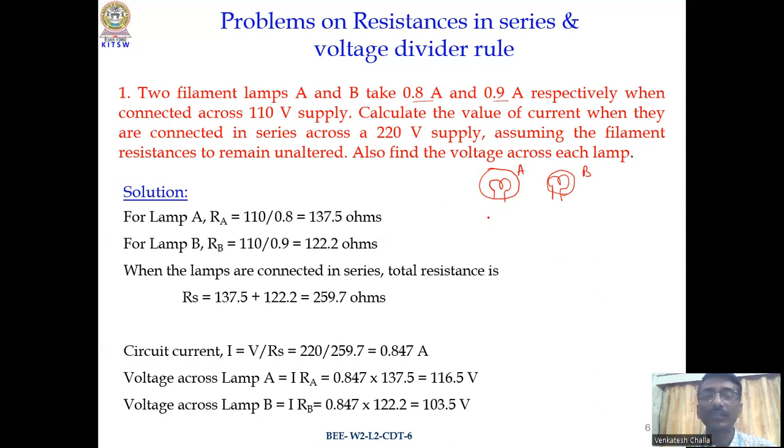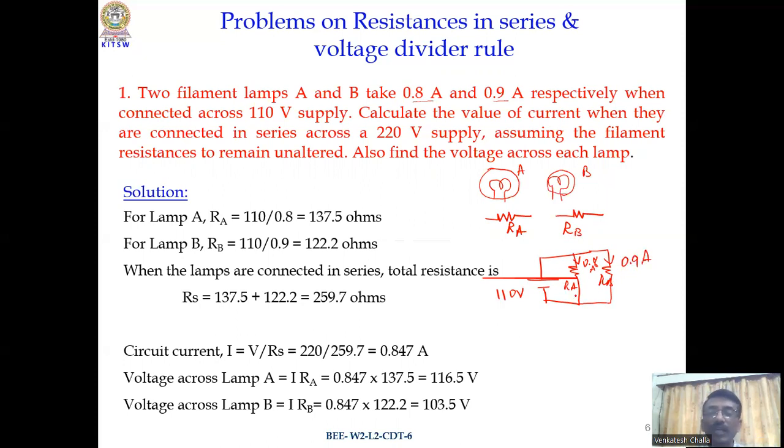The lamps can be represented as resistors, RA and RB. Assume there is a voltage of 110 volts, and if I connect these lamps to it, RA will take 0.8 amperes and RB will take 0.9 amperes.